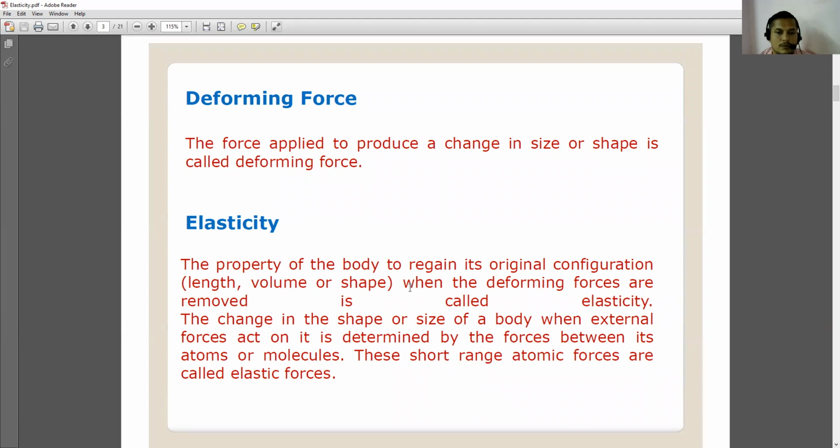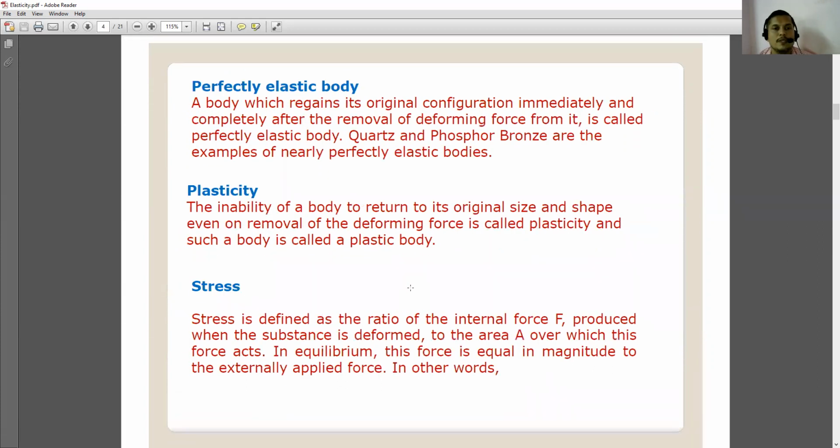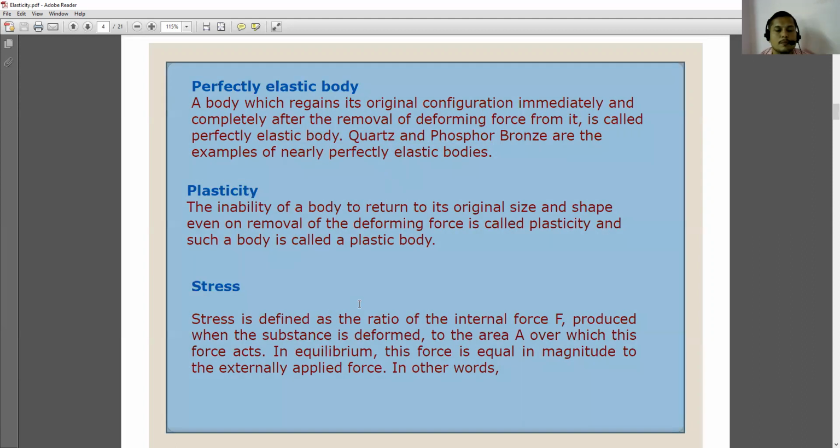Here the atomic forces are the elastic forces we have mentioned. Now a perfectly elastic body does not exist, but quartz or phosphor bronze are some examples which are nearly perfectly elastic bodies.